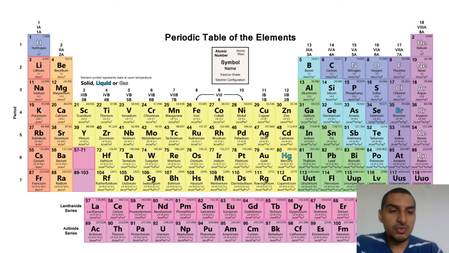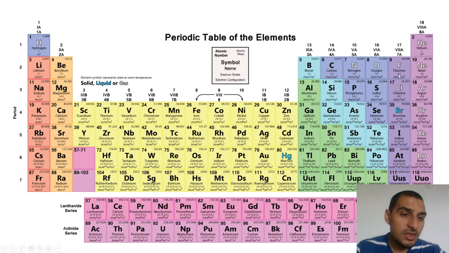One last thing that I want to highlight is that when we look at this column, we said in the previous chapter that this is the most reactive and this is the least reactive. Because as you go down, the atom size gets larger, and the electron will be far from the nucleus, so the attraction force between the nucleus and the electron is not going to be as high as it is in this case.